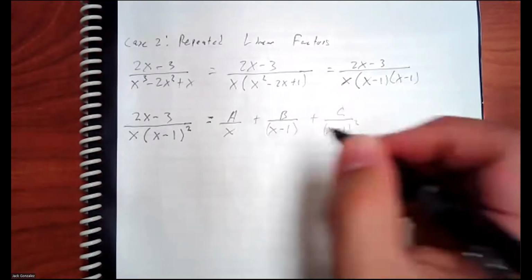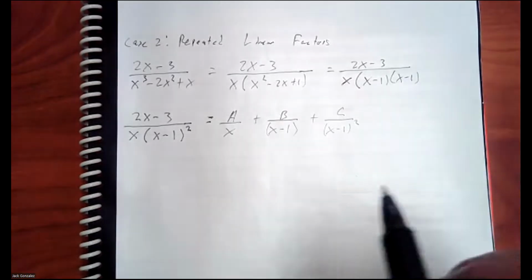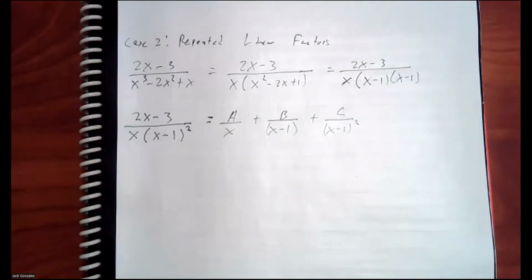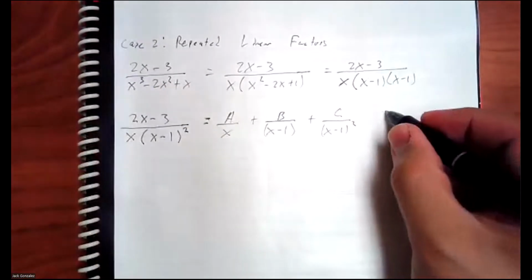You don't have to put parentheses, but I'm putting them just so you see this is a 1 and a 2. Okay, you guys cool so far? Right. So that's step 1, the setup.